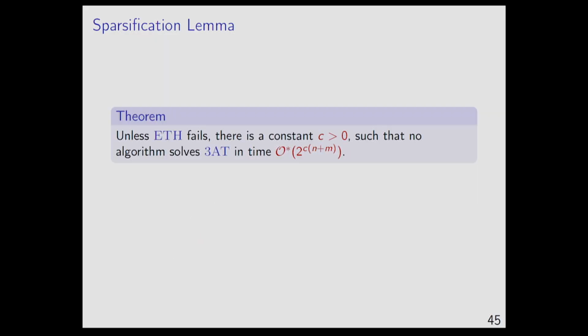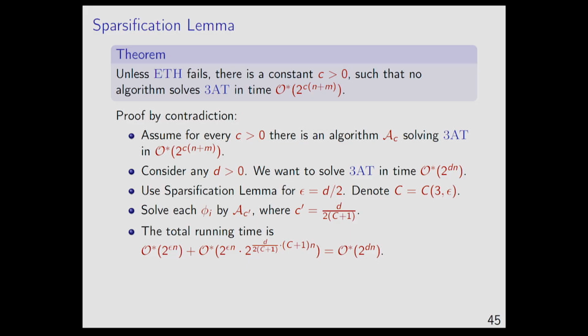Okay? So what this sparsification lemma tells us is, unless ETH fails, there's a constant c greater than 0 such that there is no algorithm for 3-SAT that runs in time 2 to the power c(n plus m). Why? Because of proof by contradiction. Assume that for every c greater than or equal to 0, there's an algorithm for 3-SAT in this time. That's what we are saying, right?